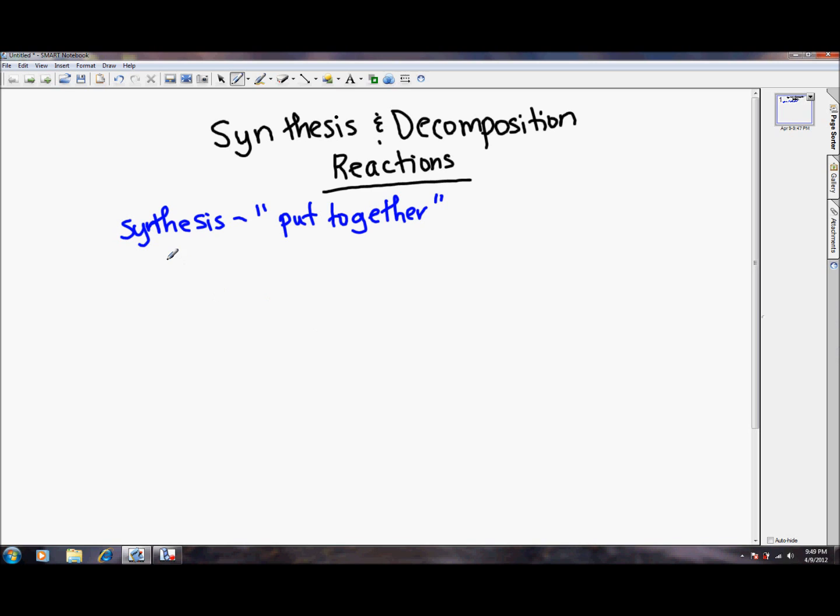The general form of a synthesis reaction is reactant A and reactant B will be changed into a compound AB.